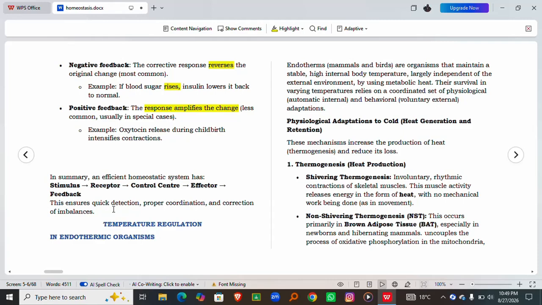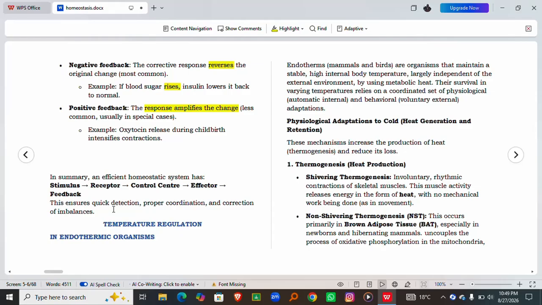But there are ways the body can help to reverse this, because the external temperature affects the internal temperature. Our bodies have a mechanism of correcting those temperature fluctuations so that body temperature is kept within a range where enzymes are going to function efficiently.